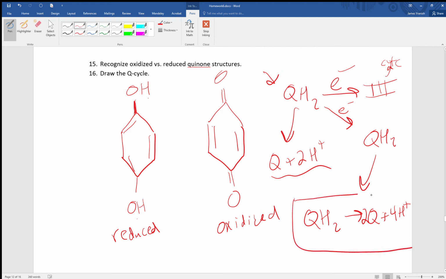And so the net reaction of the Q cycle is actually what's shown here, where one QH2 gets turned into a Q plus these 4 protons that are given off.